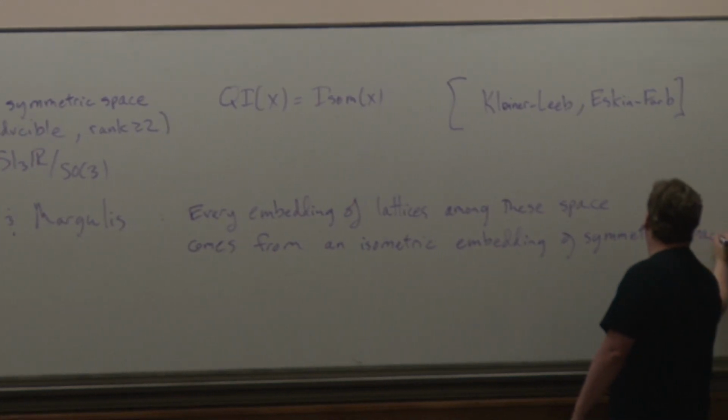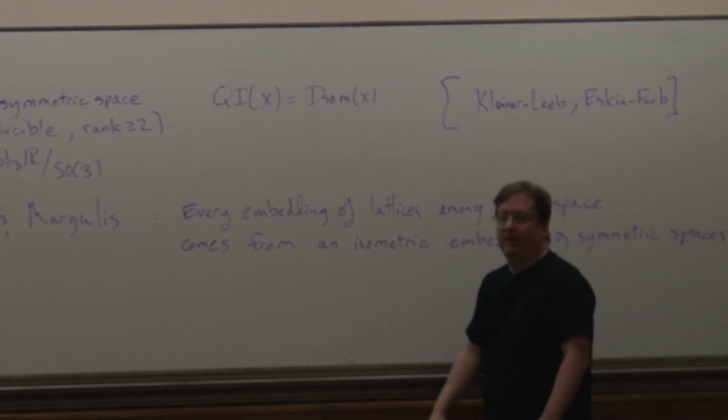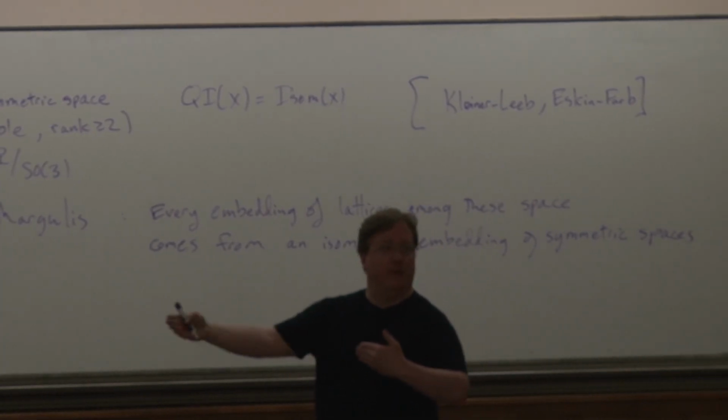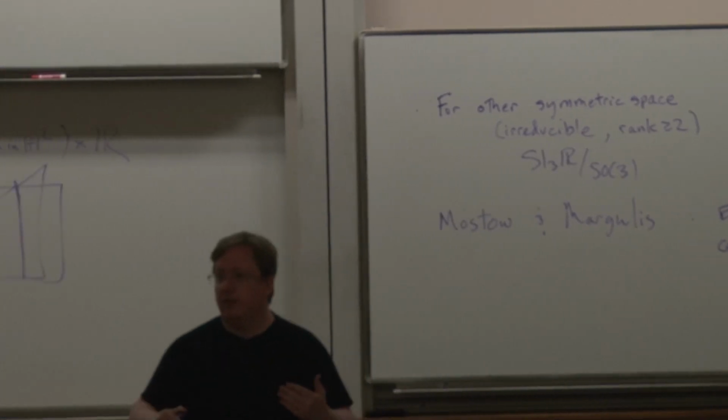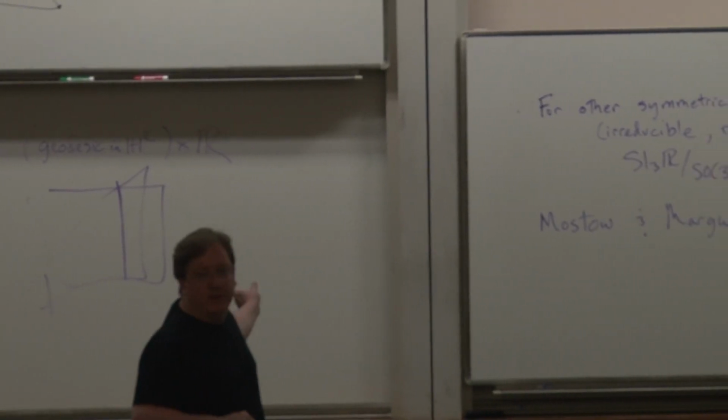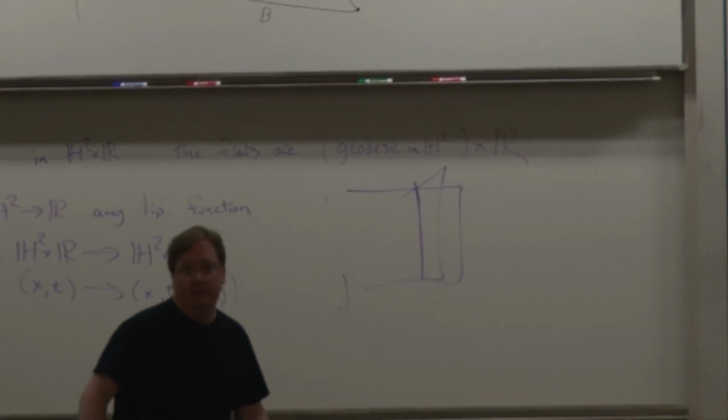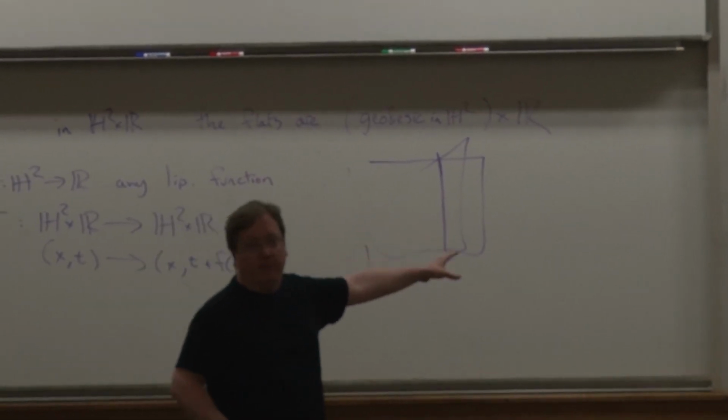And in fact, if you're in the case where it's not an embedding but actually an isomorphism between lattices, you can allow rank 1, as long as you don't try to talk about a hyperbolic plane. Mostow rigidity certainly works for hyperbolic 3-space as well.